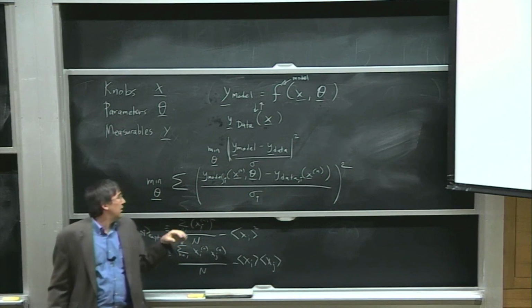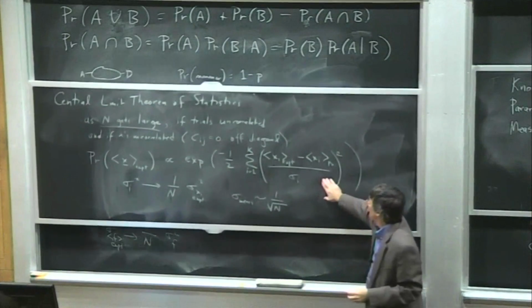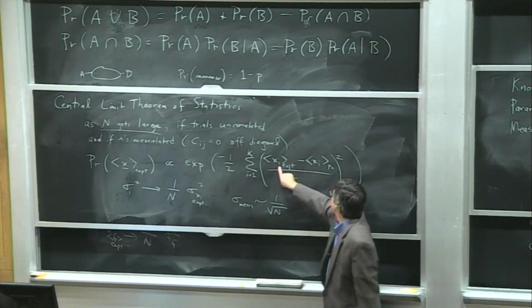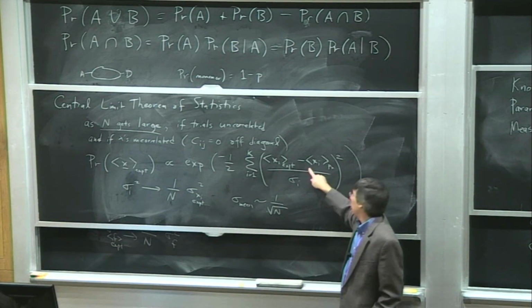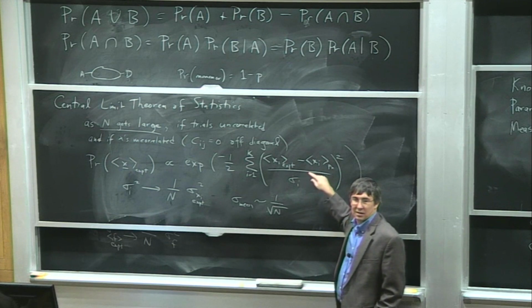Okay? And this form looks a lot like this. Do you see this? You see I have a sum of the deviations between an experiment and a theoretical value divided by some variance.